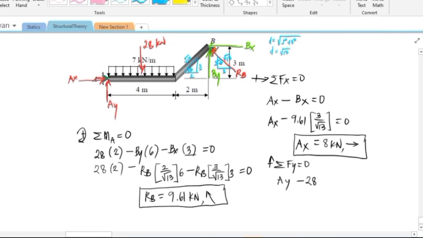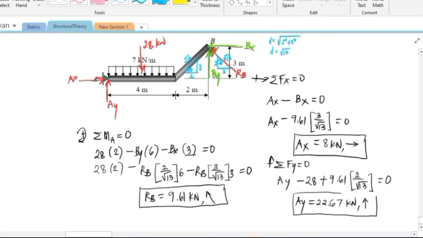Then, for the BY directed upwards, so plus BY, that is RB, 9.61, multiplied by the vertical component, so that is 2 over the diagonal square root of 13, is equal to 0. So, AY is equal to 22.67 kilonewton. Since positive yung lumabas na sagot, meaning tama yung assumption natin that AY is directed upward.